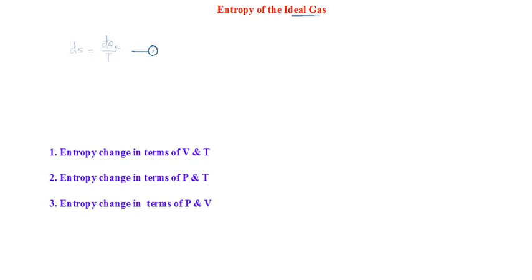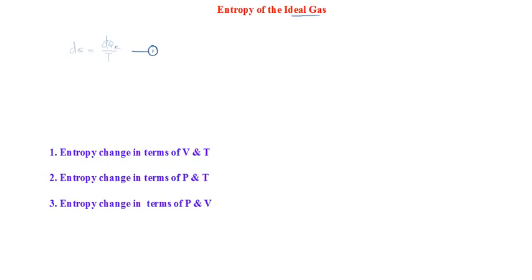So if you have to find the total change in entropy at the end of a process going from the initial state Pi, Vi, Ti to some Pf, Vf, Tf, you cannot treat the temperature in the denominator of equation number 1 as a constant. The temperature is also a variable, and that is one thing to be taken care of.